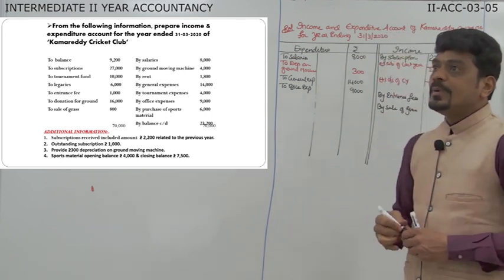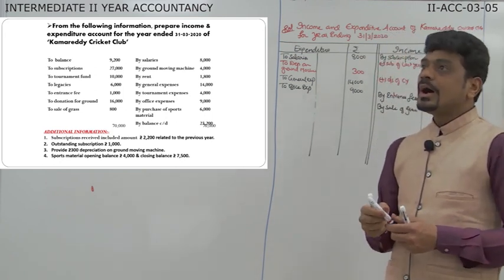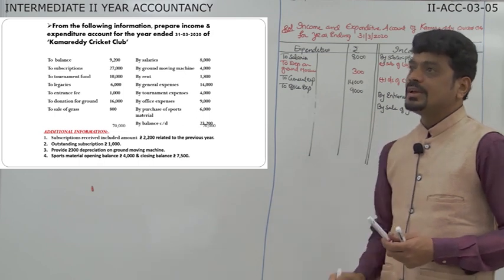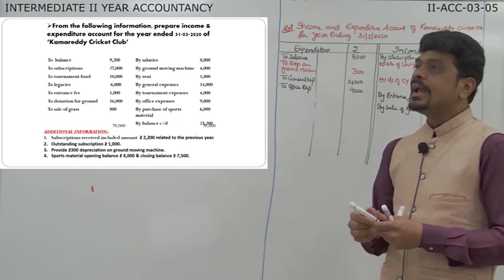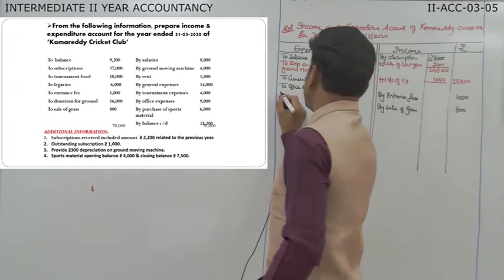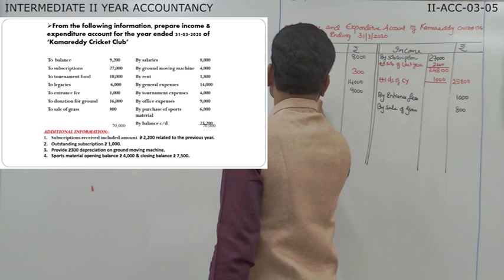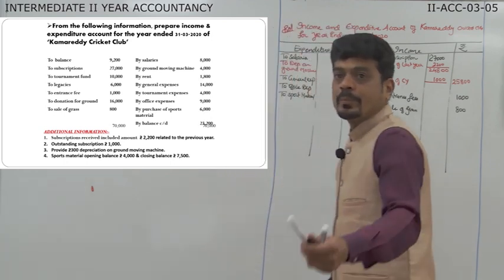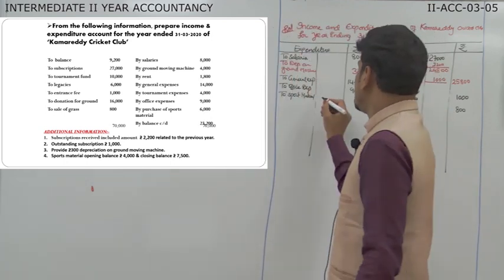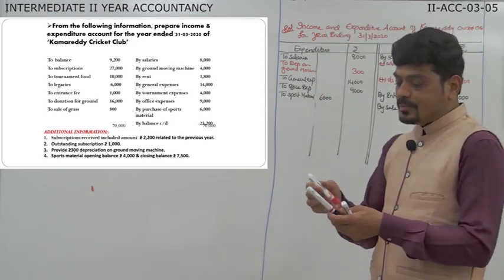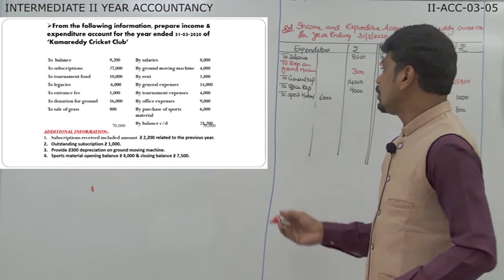Then sports material. No doubt sports material is an asset, but they gave opening and closing. Whenever they give opening and closing, we'll take it as expenditure in the inner column. So here I'll write to sports material. How much is the sports material? 6,000. Now adjustment. What is the adjustment? Opening. What did I think about opening?